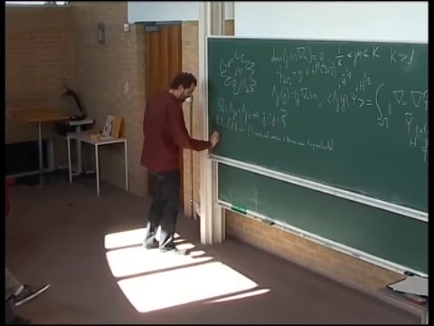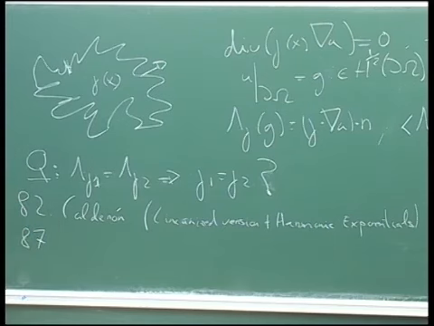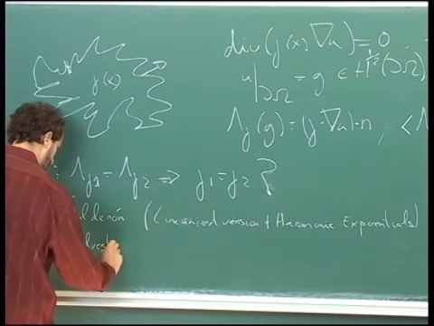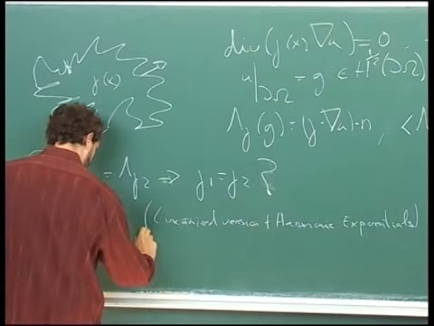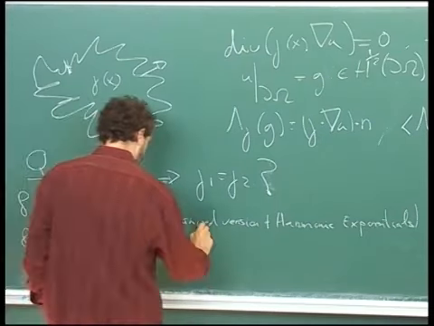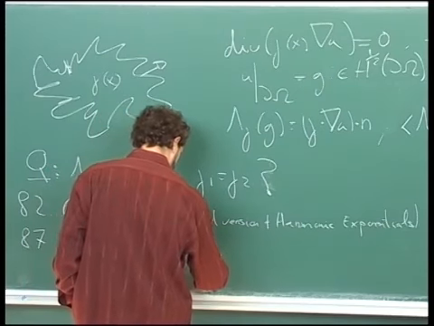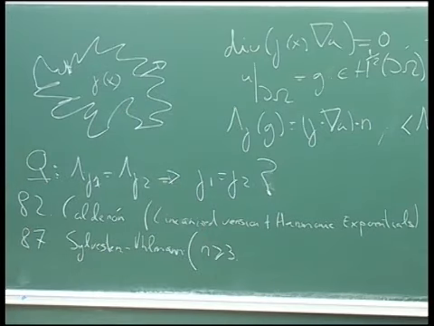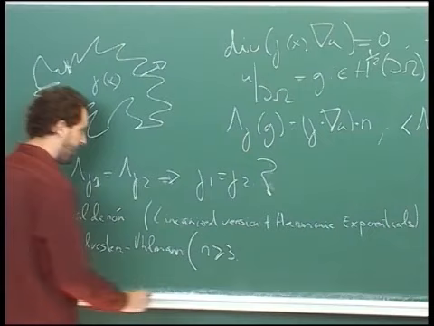Then an important year was 1987, where Sylvester and Uhlmann solved the problem actually when we are in dimension greater than 3 and when the conductivity has some regularity.